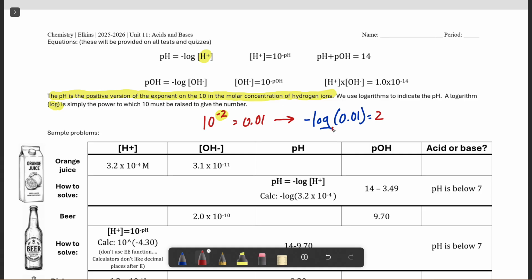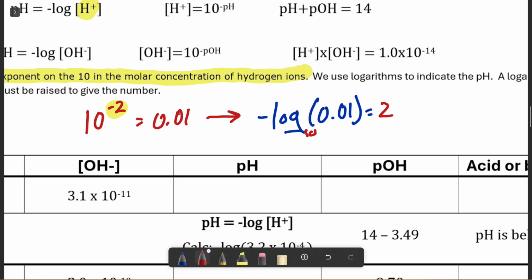Log, sometimes we put a little 10 down here, and we're just saying the number 10 is already embedded inside of the word log. It's kind of nice that L and O, in my mind, already look like a 10, like it's a 10G. So just think about the 10 is already inside of there.